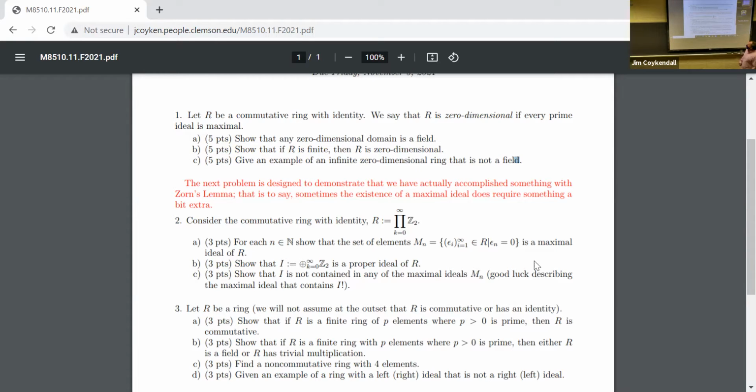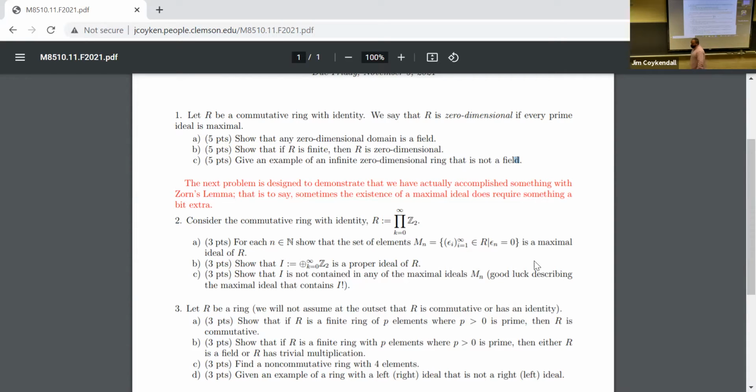Let R be a ring. We will not assume at the beginning that it's either commutative or has an identity. A, show that if R is a finite ring of p elements, where p is a nonzero prime, then R must be commutative. B, show that if R is a finite ring of p elements where p is bigger than 0 prime, then either R is a field or R has trivial multiplication. And by trivial multiplication, what I mean is the multiplication where the product is always 0.